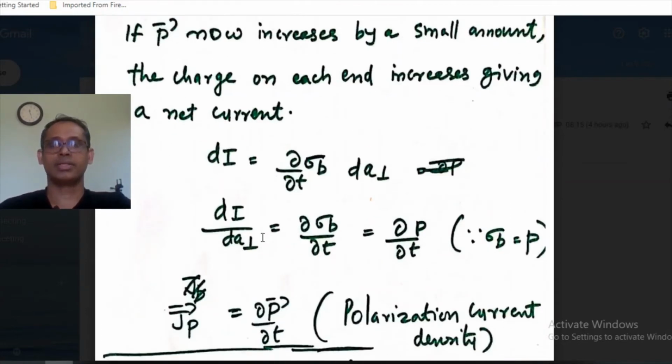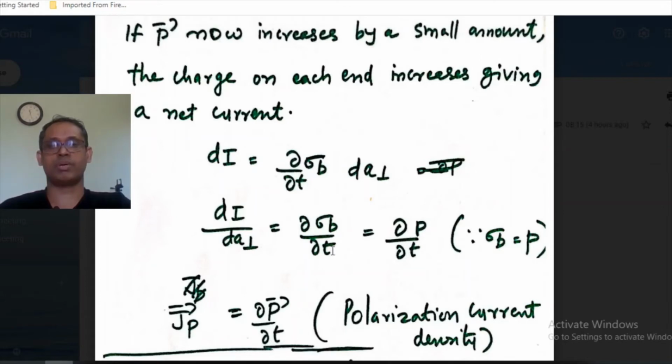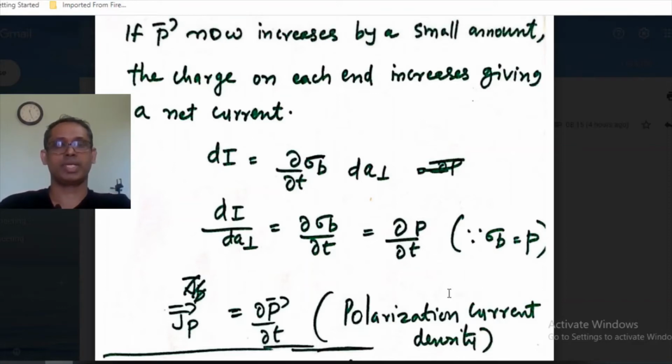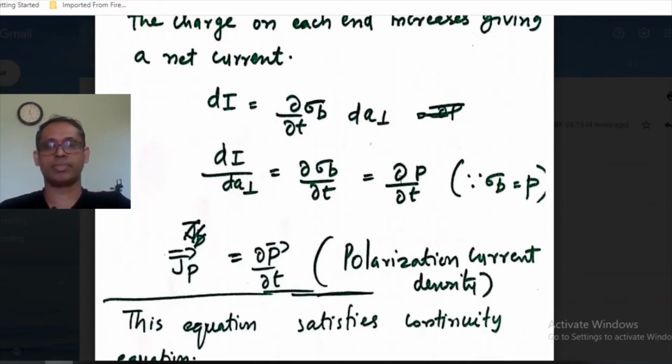So di by dA perpendicular is equal to dou sigma b by dou t, and we know the magnitude of surface charge density and polarization are equal. Sigma b is equal to P. So this is equal to dou P by dou t.